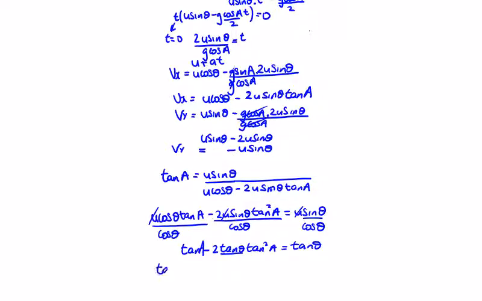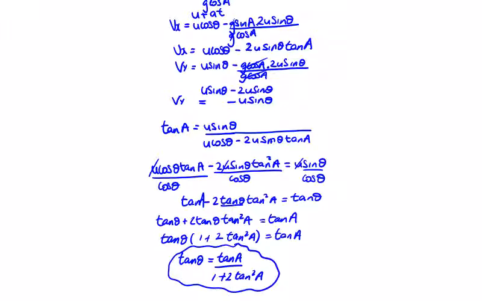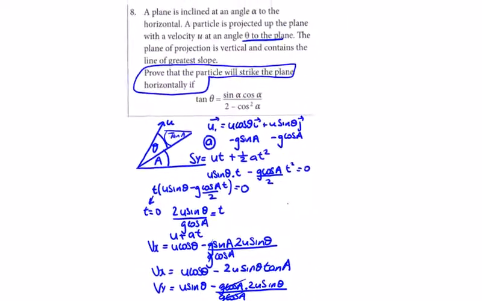So tan theta plus 2 tan theta tan squared alpha would be equal to tan alpha. Factor out tan theta to get it on its own, and I'll get 1 plus 2 tan squared alpha. So I get tan theta to be equal to tan alpha over 1 plus 2 tan squared alpha. And hopefully this is what they were looking for in the question.